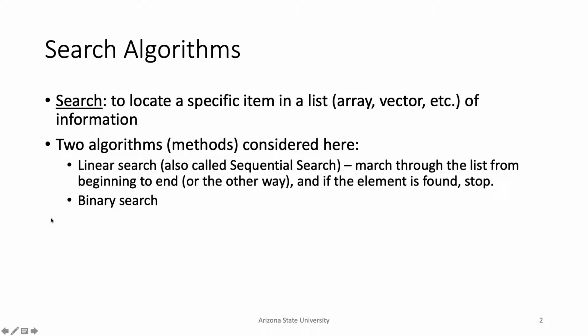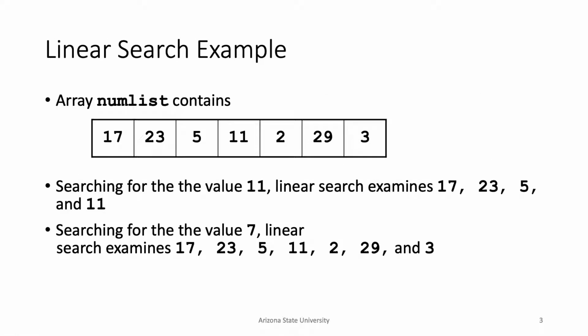So that cuts out half the list immediately. That gives us an inclination of why binary search is better and why we should care about sorting algorithms. If we sort the list one time, then we can make our searches much faster because I can just do binary search every time. Whereas with linear search, you can't assume anything about the data, so it's slower, but it works on more lists.